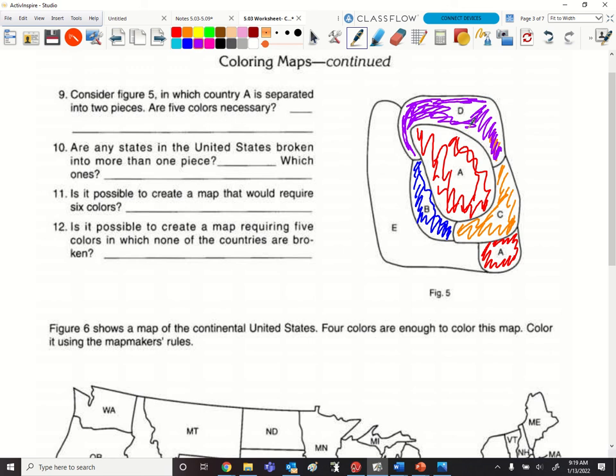Nope. Okay. And so that means I need another one for E. These are 4 colors. That's 5.